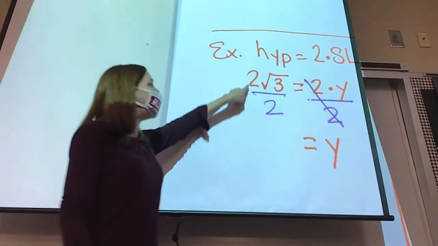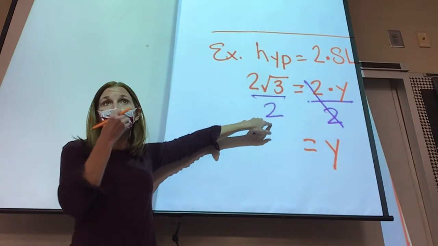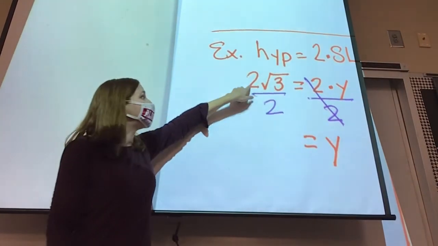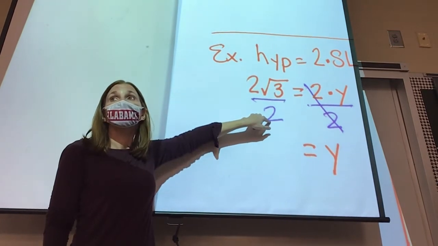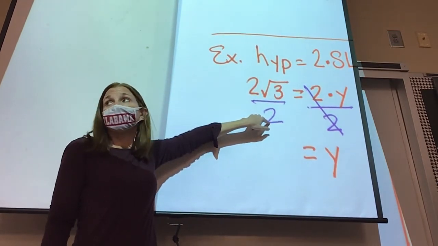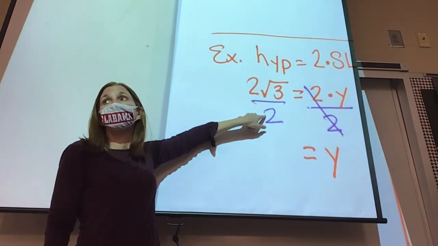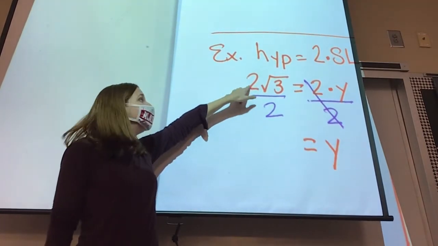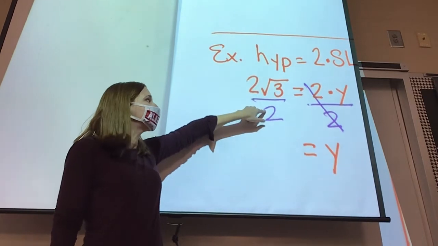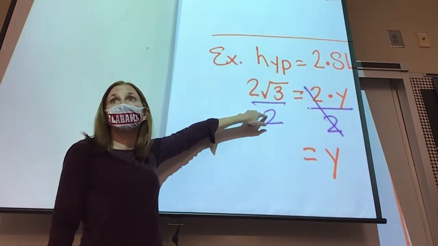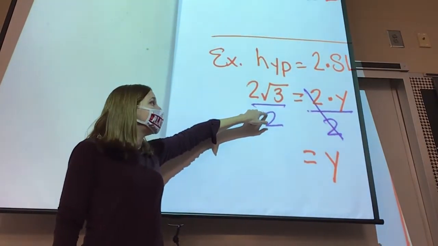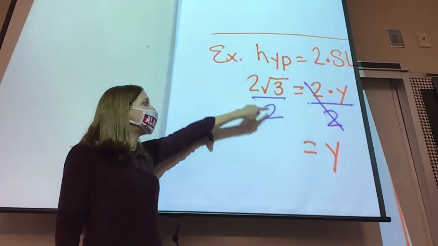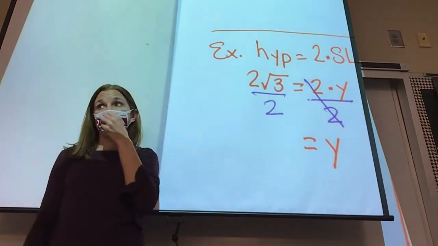Now, both of these are whole numbers. This is the square root of 3. What do I do with regular whole numbers? They cancel each other out. 2 divided by 2 is 1. Anything that's regular whole numbers, you treat them the way that they've always been treated. You can't touch this, but you can touch these two because they are both whole numbers.